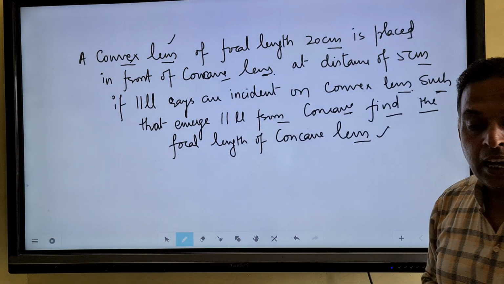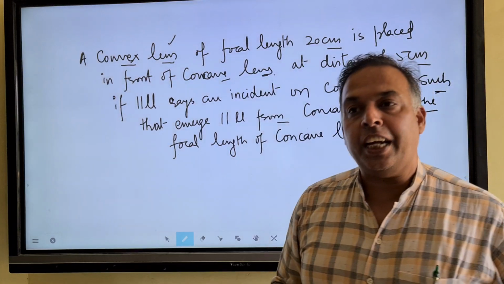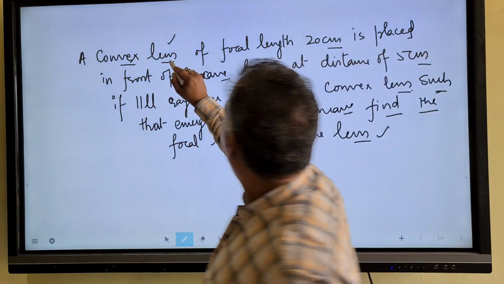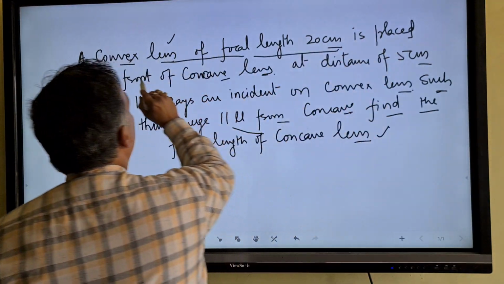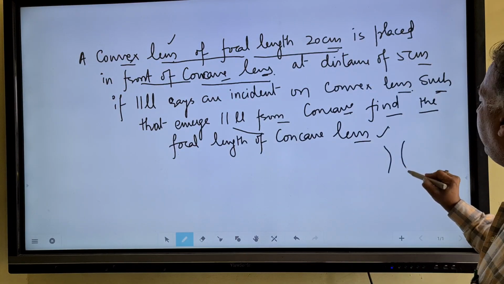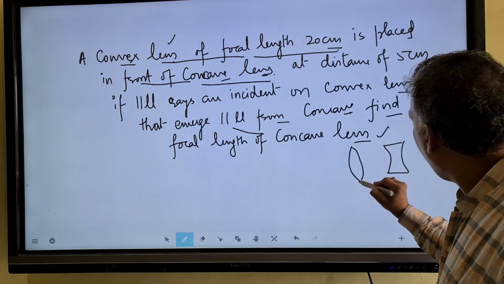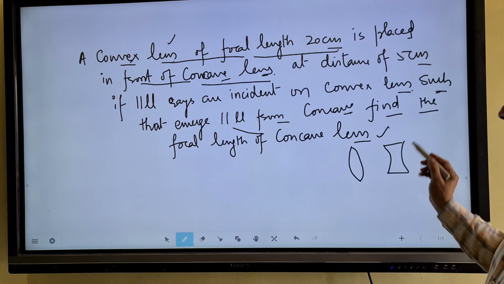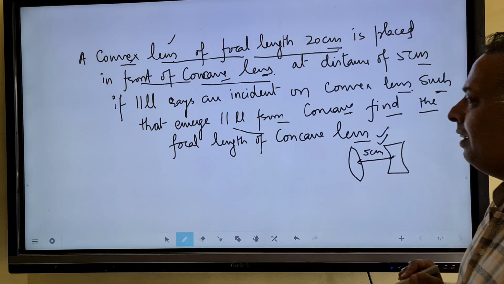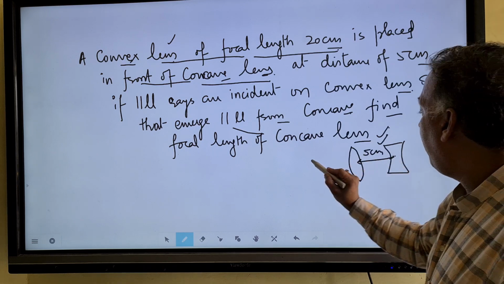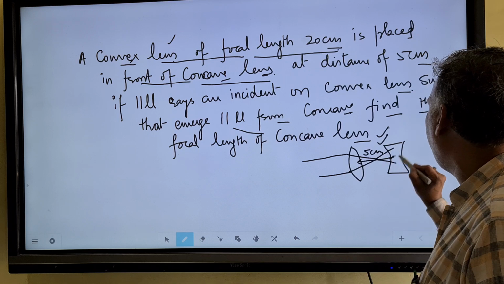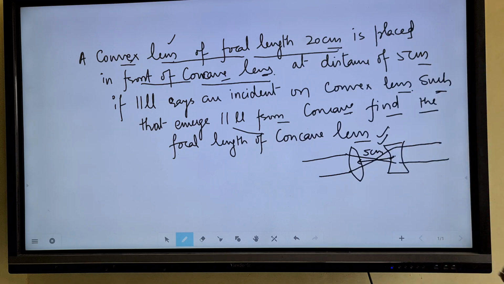When parallel rays are coming in, diverging, and then going out parallel again, it means the convex lens of focal length 20 centimeter is placed in front of the concave lens at a distance of 5 centimeter.